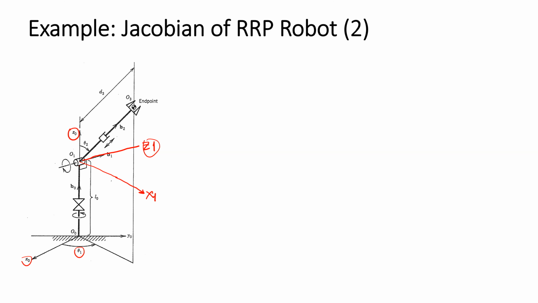Okay, so theta 1 indicates how the x1 deviates from x0. This should be the direction of x1.